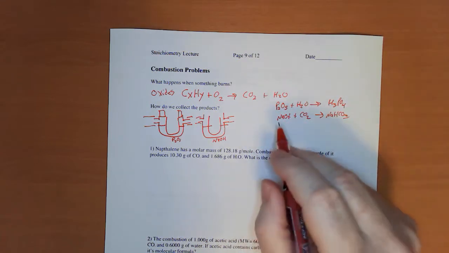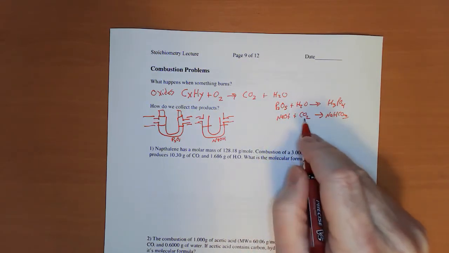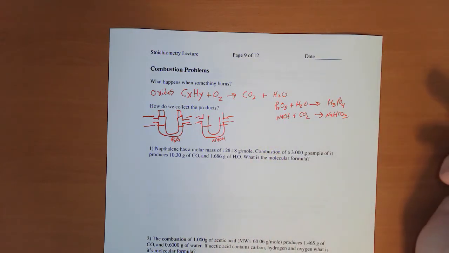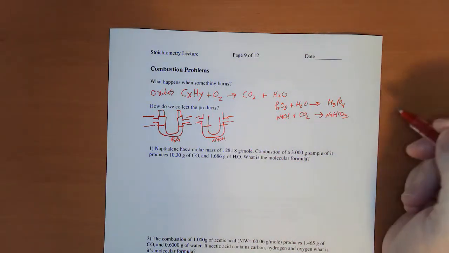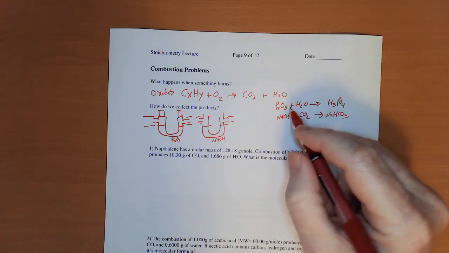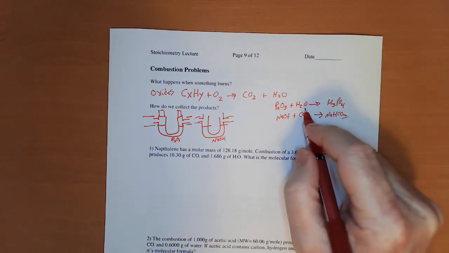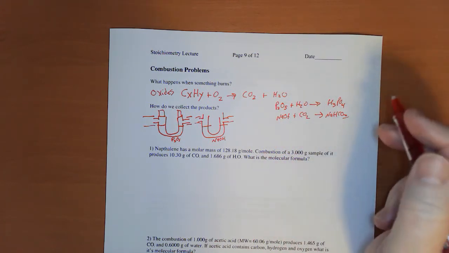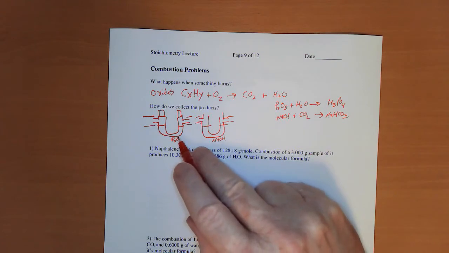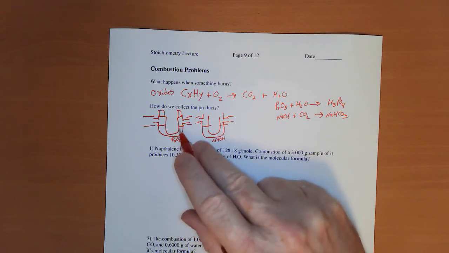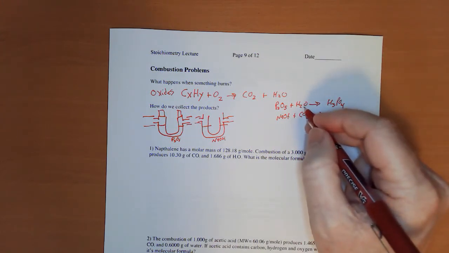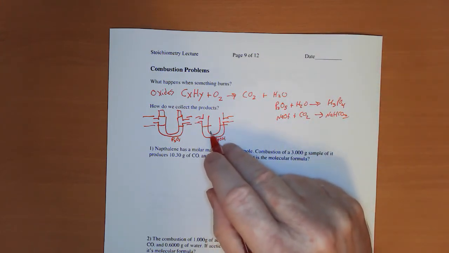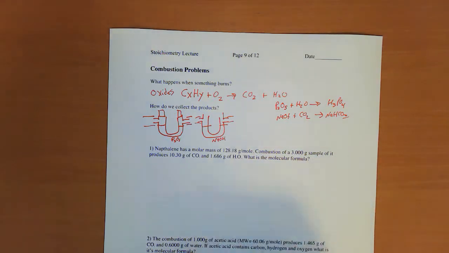The P2O5 and the CO2 are not going to react with each other because they're both non-metal oxides. The P2O5 only reacts with H2O, so the mass increase on that tube will solely be from the added water, and the mass increase on this tube will solely be from the added NaOH.